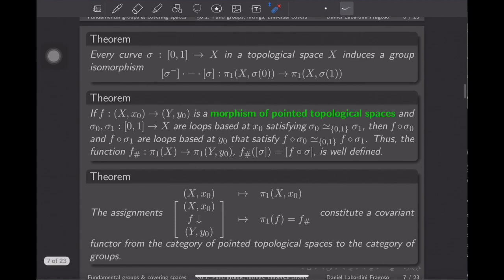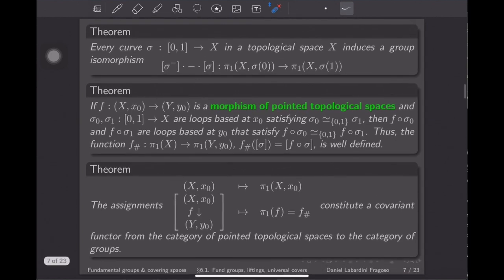So of course, so far I have not assumed that X is path connected. And so when it's not path connected, and we pick points in different path connected components, there is really no way of comparing the fundamental group based at one point and based at the other.